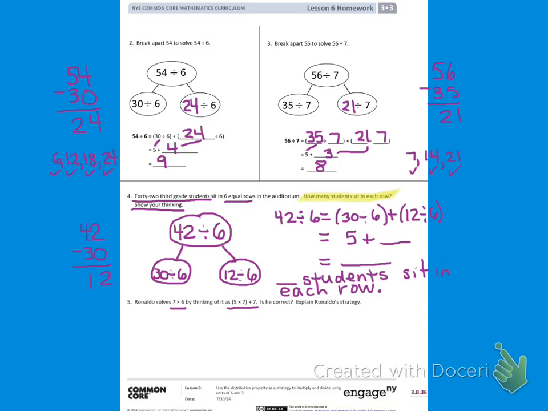So is 7 times 6 or 6 times 7 the same thing as 5 times 7 plus another 7? Go ahead and write your answer there and explain Ronaldo's strategy.